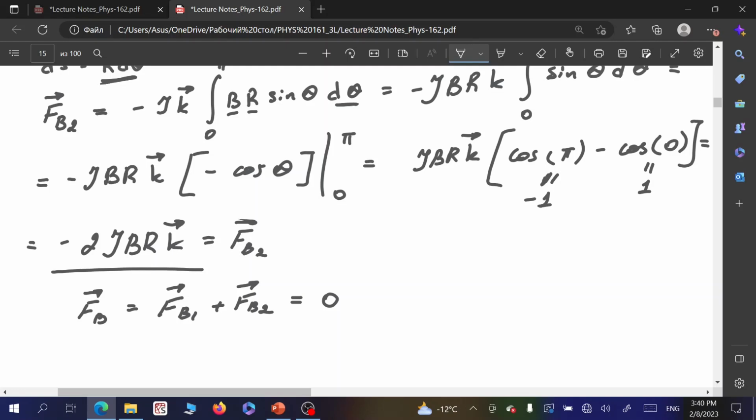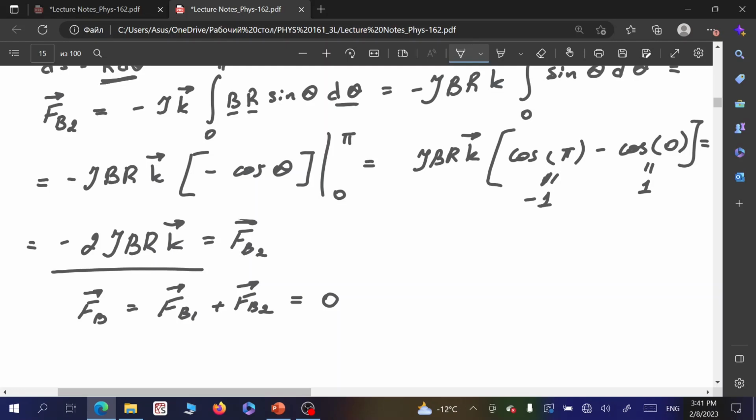So we have shown on the example of a closed current loop, which consists of two conductors with different shape. The first one was just a linear conductor, another was a semicircle, that when we calculate the magnetic force exerted on each of these conductors, first of all, the magnetic forces possess equal magnitudes but opposite direction.